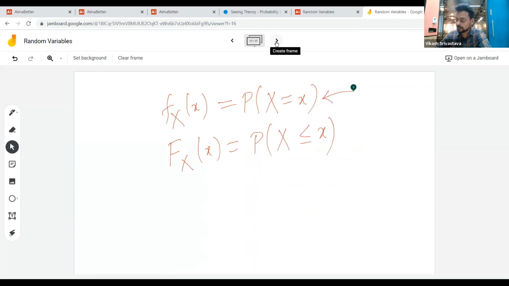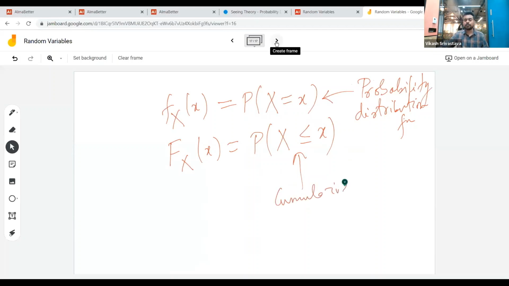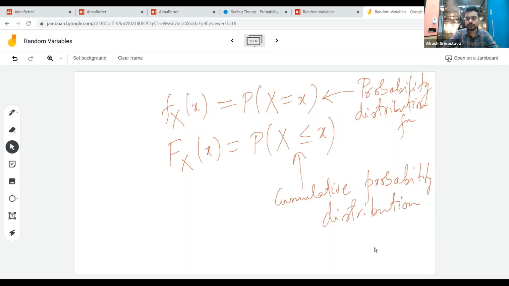So this is your simple probability distribution function, and this is what we'll call cumulative, right? I think some people might have already guessed why we are calling this cumulative probability distribution.